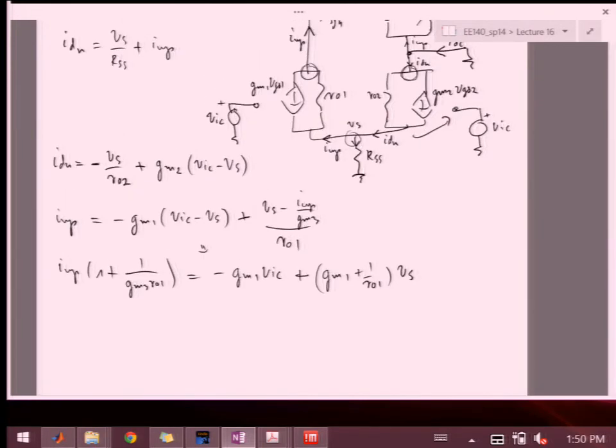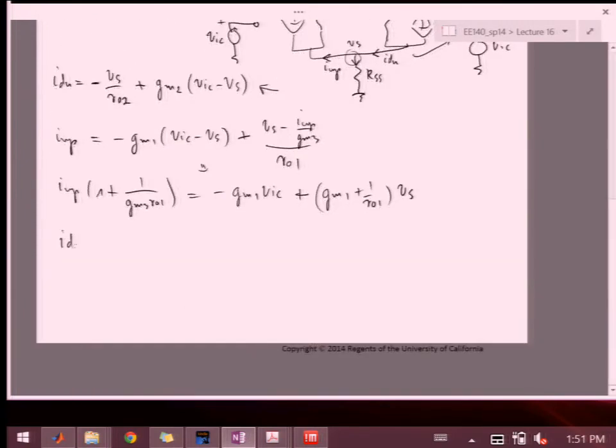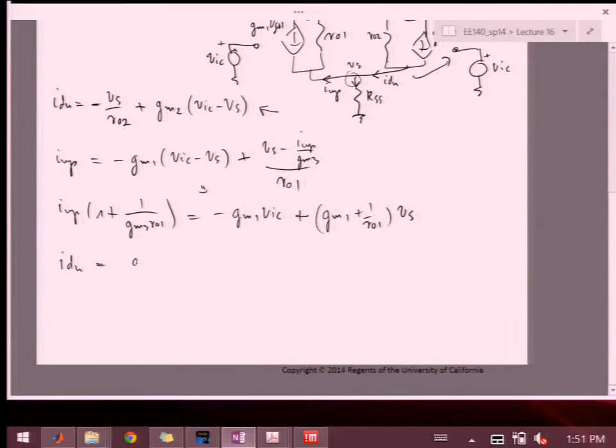Okay. If I take this top equation and I rewrite it as GM2 VIC minus GM2 plus 1 over RO2 times VS. These two are exactly the same, just the opposite sign.